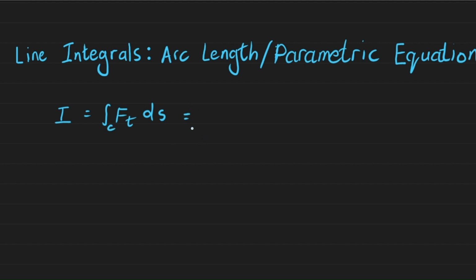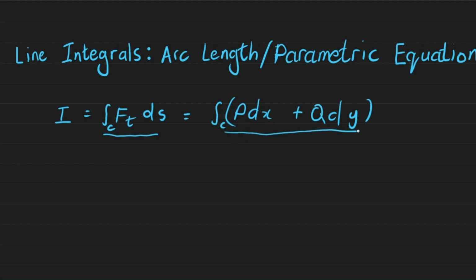And we saw that we can represent this as the sum of 2 different functions, p dx and q dy. The question at this stage is, instead of representing this integral on the left-hand side, f ds, and evaluating it as 2 other different functions, can we just evaluate it directly?